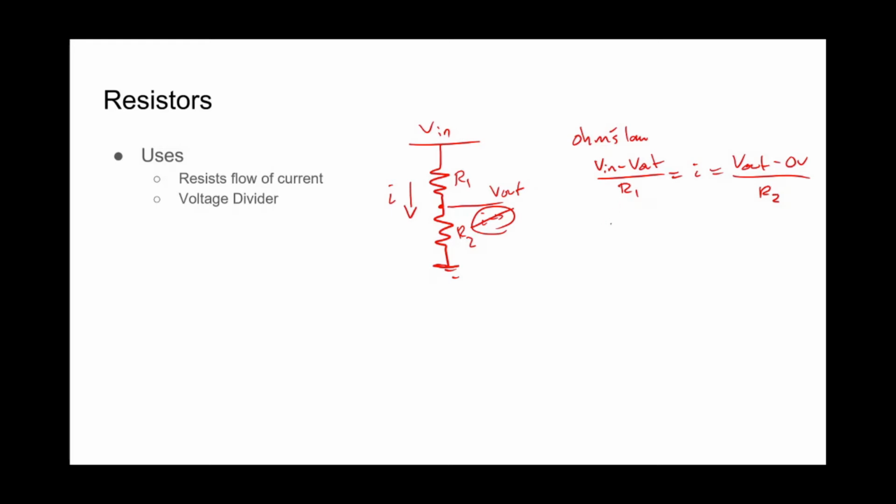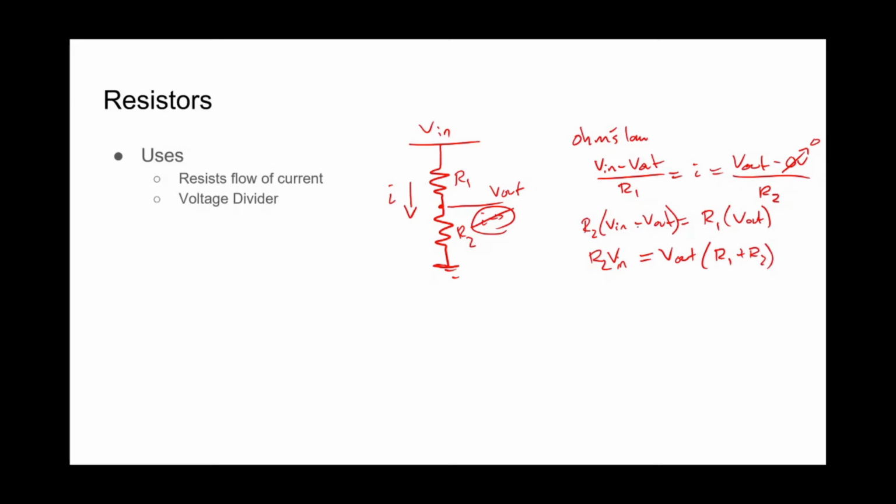Now we can simplify this and say that R2 times (V_in minus V_out) is equal to R1 times V_out. I'm just going to leave off that 0 volts there because that's 0. Hopefully that's obvious. Let's simplify this a little further. So we have V_in times R2 equals V_out times (R1 plus R2), moving the V_out term to the other side.